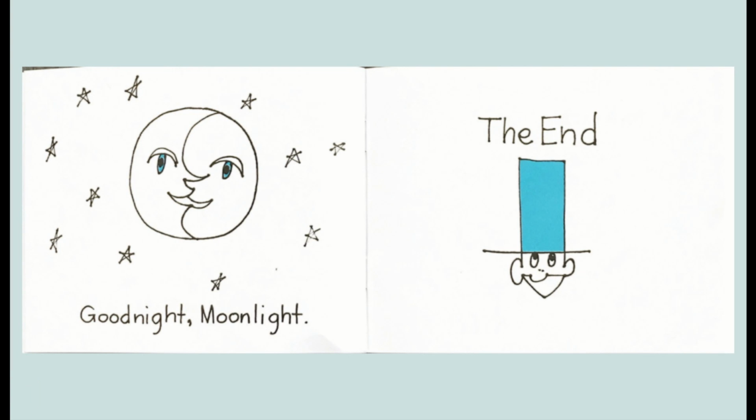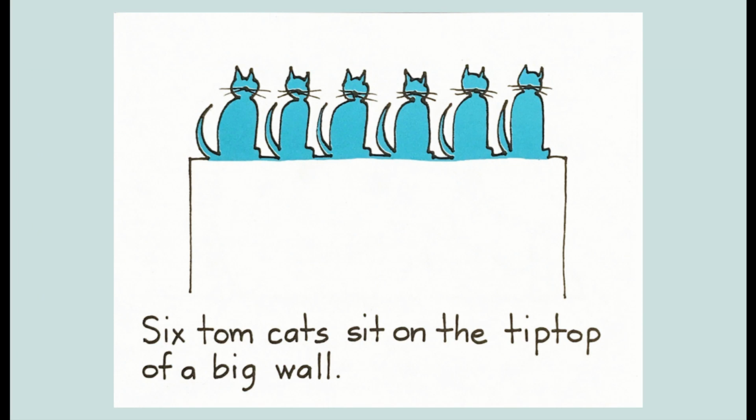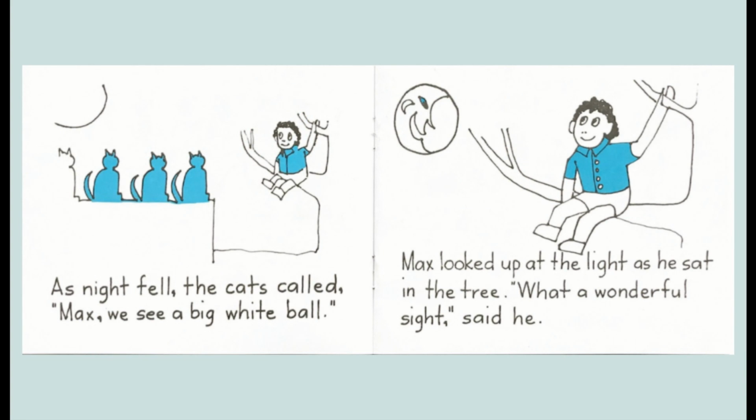I noticed when we were reading this story, there were several words that had our new pattern of IGH. Let's go back and see if we can find some of those words. On these two pages, I see at least three words that have the IGHT pattern. Can you pick them out? The first word I see is the word night.